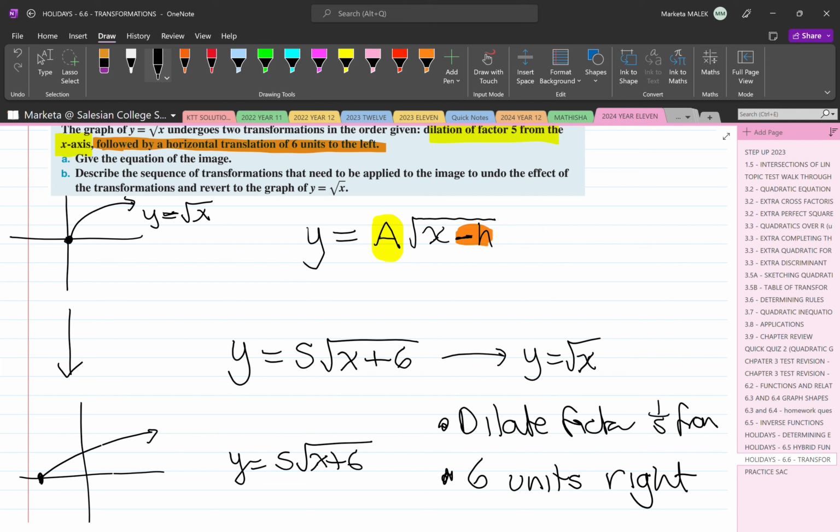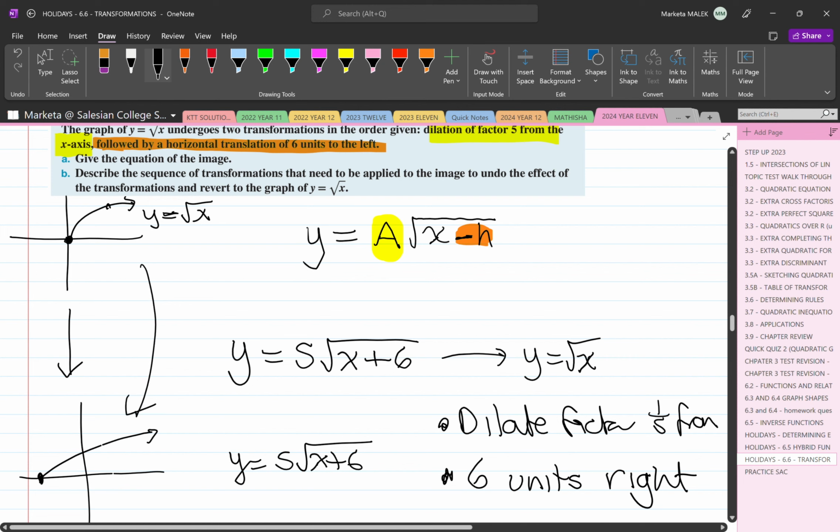So if you think about it, when we dilate a factor of 5 from the x-axis, we're multiplying each y value by 5. So if we're multiplying each y value by 5 to get to here, just say this y value, let's say that's 2.